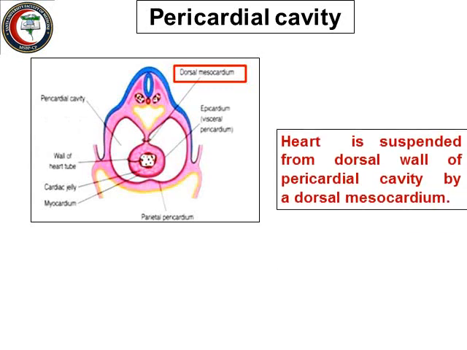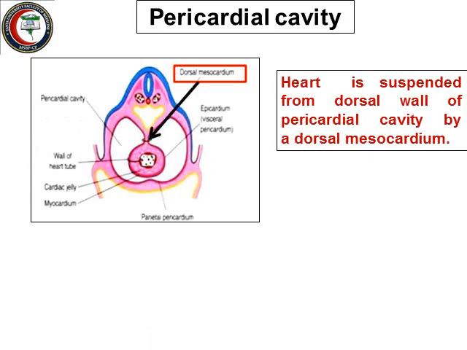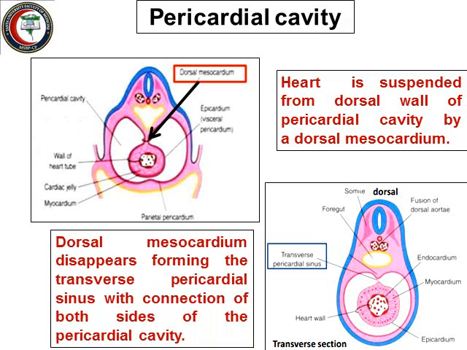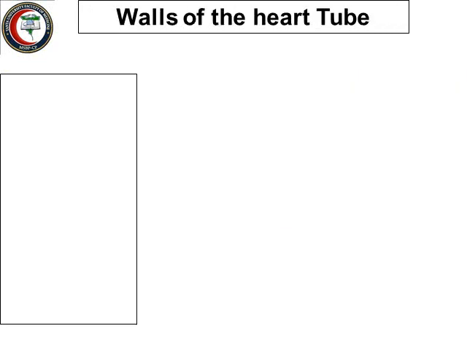But after that, this dorsal mesocardium degenerates. If this degenerates, there is a space forming behind the heart tube, which is the transverse sinus of pericardium due to a degeneration or disappearance of dorsal mesocardium. You study it in the anatomy lecture.